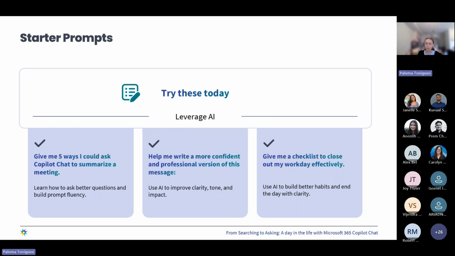And finally, it can be a way to use AI to help you build better habits that you'd like to start integrating into your daily routines. We will be sending, I think we might have already sent them, little handouts of these prompts.